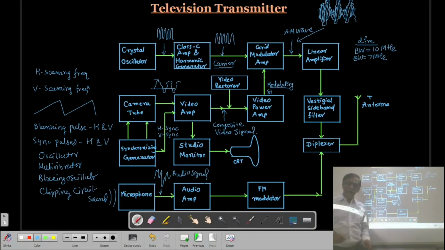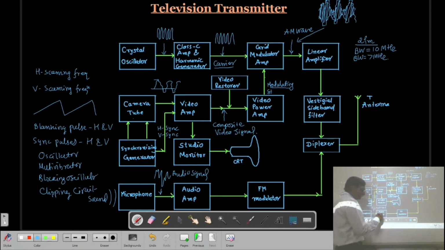Then it is amplified by the audio amplifier, because the output of the microphone will be very weak, only a few millivolts. So we require amplification, and a number of stages will be there for amplifying this audio signal.